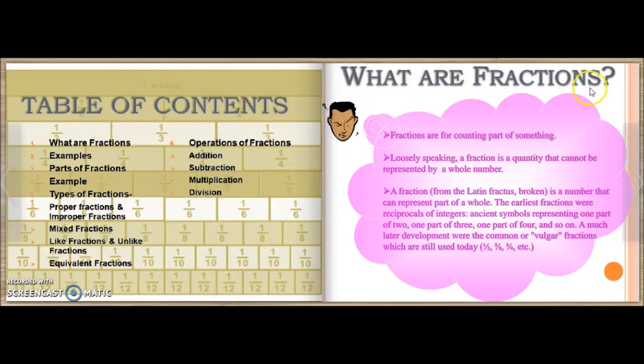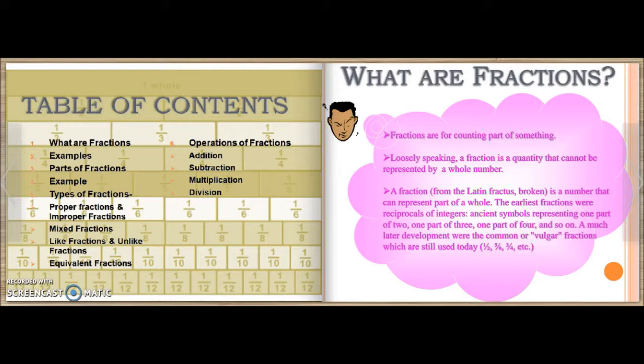What are fractions? Fractions are for counting part of something. Loosely speaking, a fraction is a quantity that cannot be represented by a whole number. A fraction is a number that can represent part of a whole.